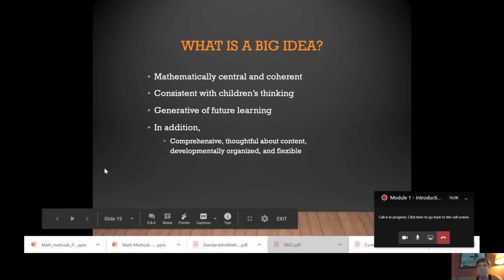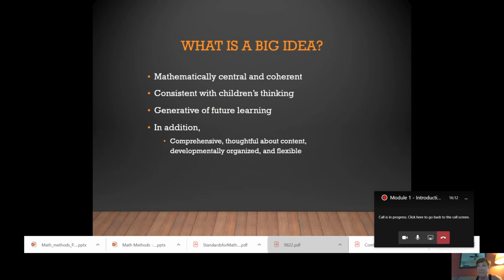So again, what is a big idea? It's a mathematically central and coherent idea. It's consistent with children's thinking. It's generative of future learning. So if they get this big idea now, they're going to continue to learn it. This is that spiraling type of learning, right?